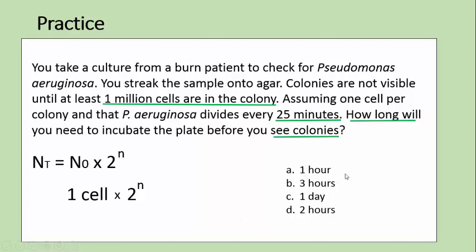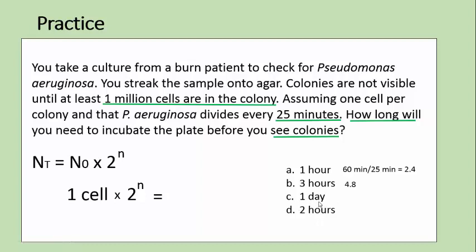So in 1 hour, how many 25-minute periods are there? Well, 25 doesn't divide nicely into 60 minutes, so we divide it, and we get not a full number. We get 2.4 generations. Let's figure that out for 3 hours. You take 60 times 3 divided by 25. That's 4.8. Now here we've got to do it a little bit differently.